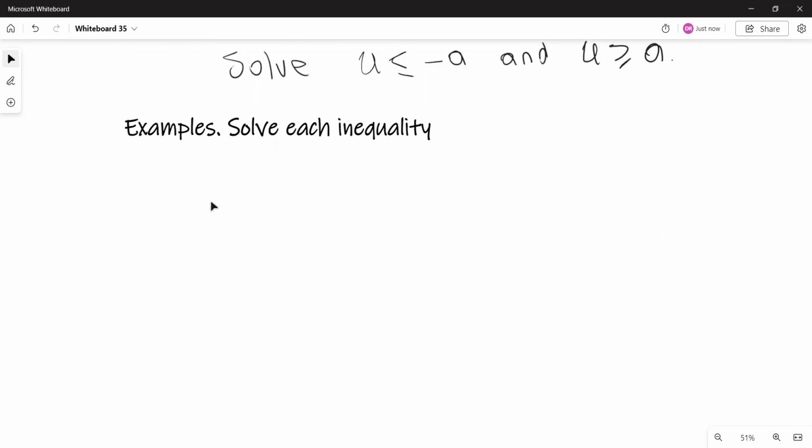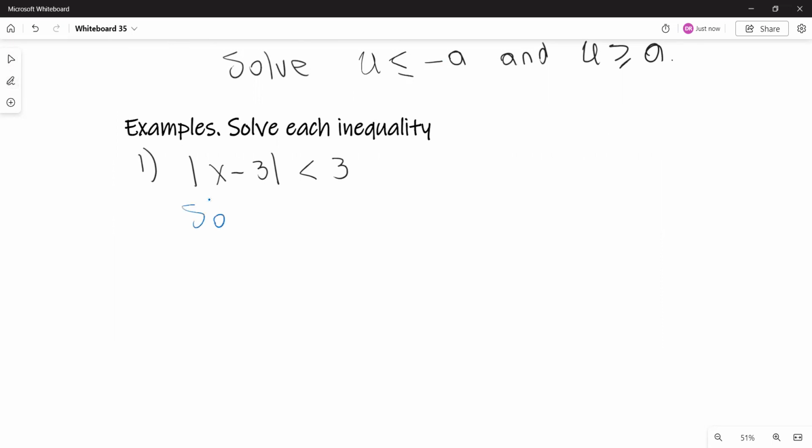Number 1, the absolute value of x minus 3 less than 3. Since it's a less than inequality, we can treat this as a three-part inequality.